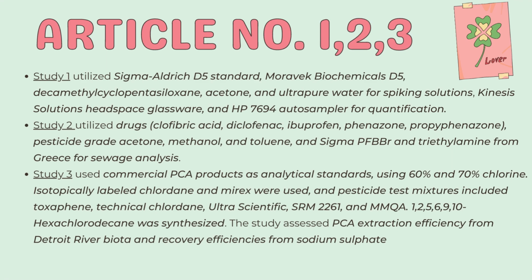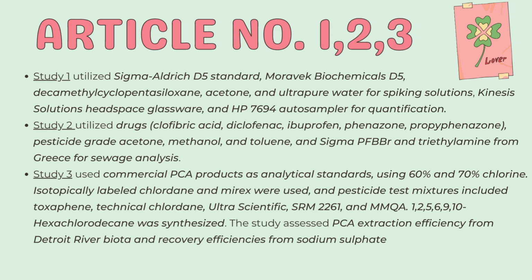In the sampling process, part of this study used Sigma-Aldrich D5 standard, Merck biochemistry D5, acetone, ultrapure water, phosphate solutions, glassware, and an HP 7694 automatic headspace sampler for quantification.